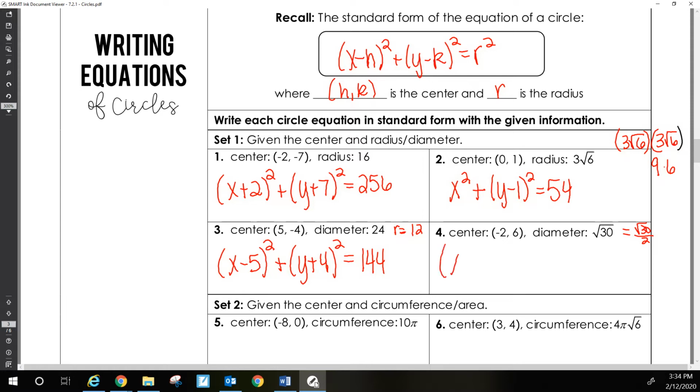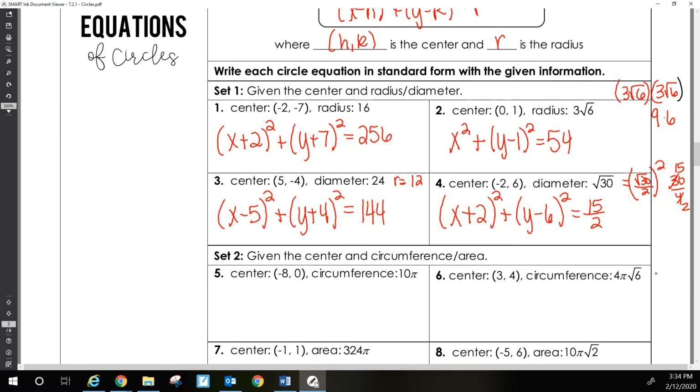Number 4, x minus negative 2 is (x plus 2) squared plus (y minus 6) squared is equal to this guy squared. Well, what's the square root of 30 squared? That's 30. What's 2 squared? 4. We could reduce this down to 15 halves. We can write 15 halves here, or if you prefer decimals, you could write it as 7.5. Either of those would work.